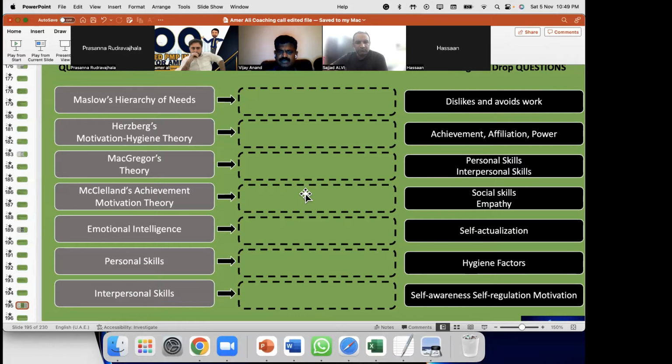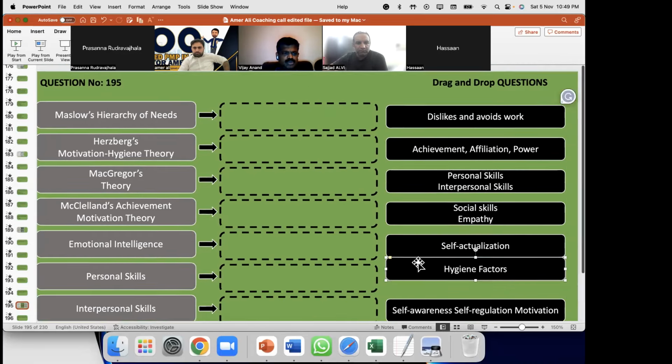Dislikes and avoids work, achievement, affiliation, power, personal skill and interpersonal skill, social skill, empathy, self-reputation, hygiene factor, self-awareness. Now, if you can solve this question, you can actually solve any of the motivational theory questions. Hygiene factor is Herzberg's motivation and hygiene theory.